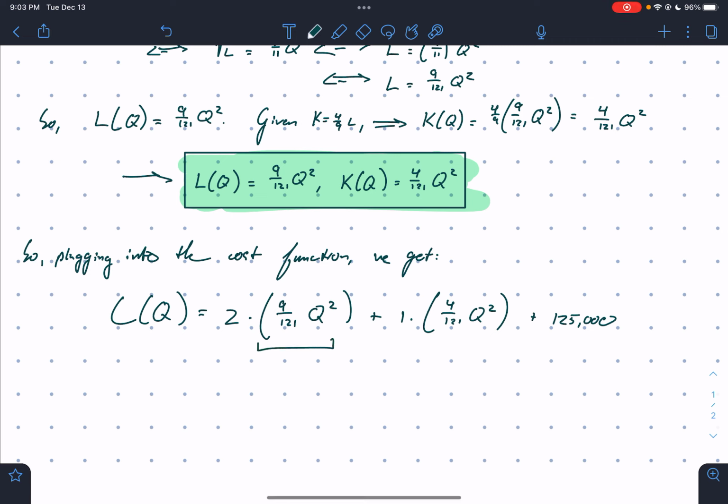So again, this is W, this is L of Q, this is R, this is K of Q, and this is fixed cost.